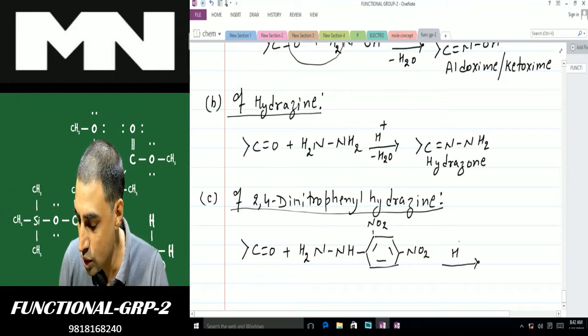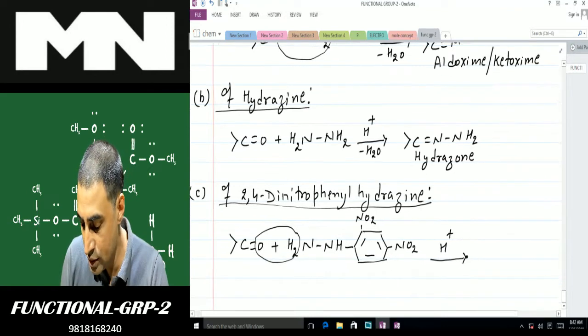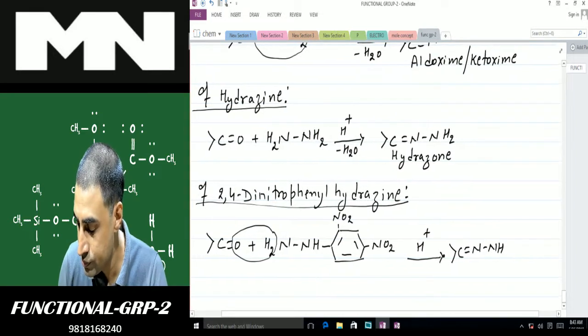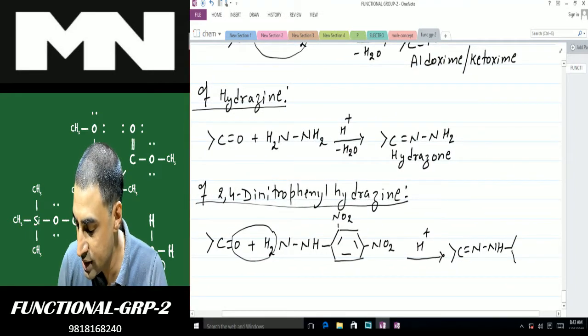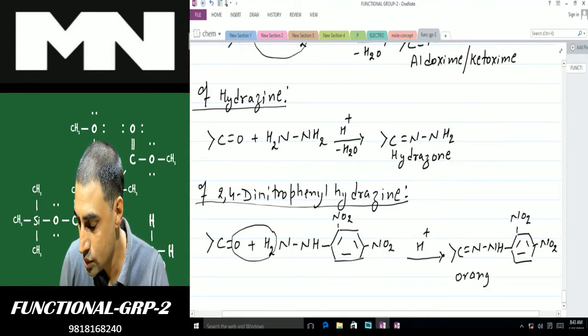In the presence of acid, H2O will come out and you will get a compound like this, C double bond N single bond NH, then a benzene ring attached to this, which will have NO2 group at second and fourth position. This is an orange colored compound, orange precipitate you will get.